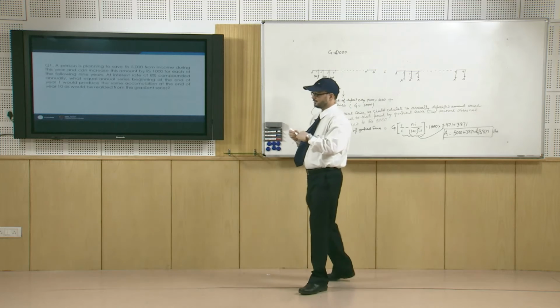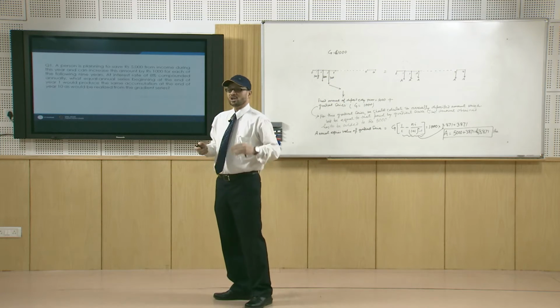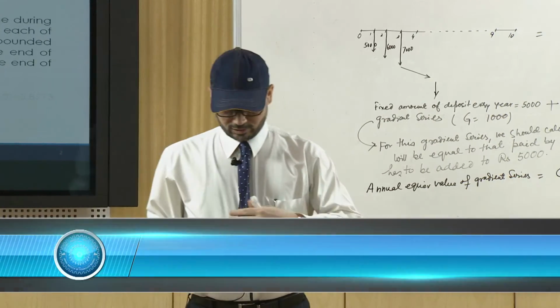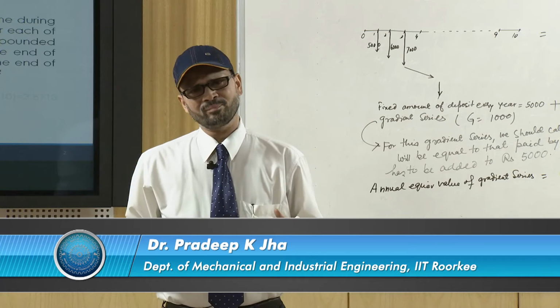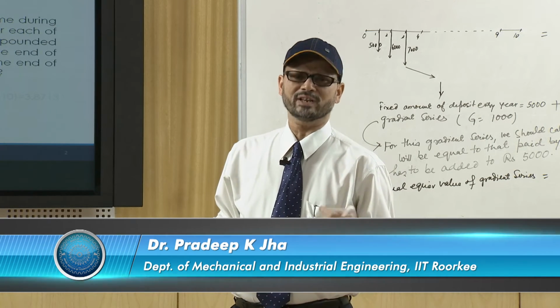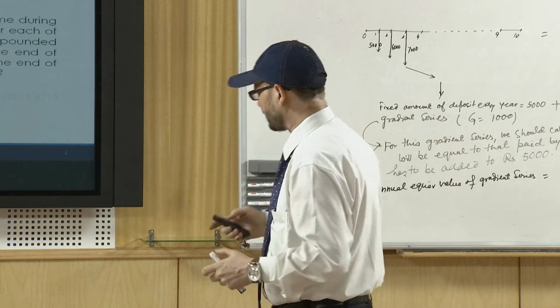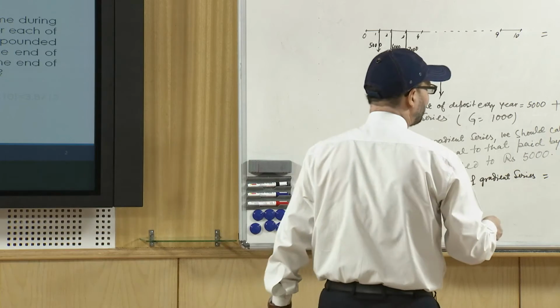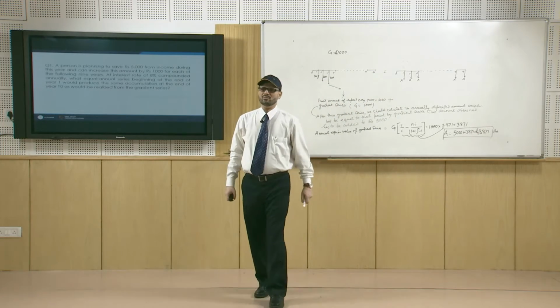So, what we see is that depositing rupees 5000 during the first year end, and further increasing this amount every year by rupees 1000, gives the same accumulation as depositing every year end an amount of rupees 8871.